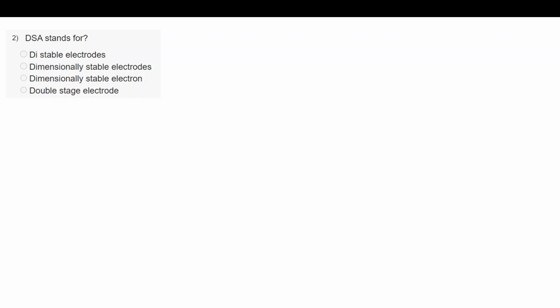The next question is, DSA stands for dash. DSA means dimensionally stable electrodes, and these electrodes are used in any electrochemical process which has very high conductivity, and they also have very high corrosion resistance, which means they are stable electrodes.